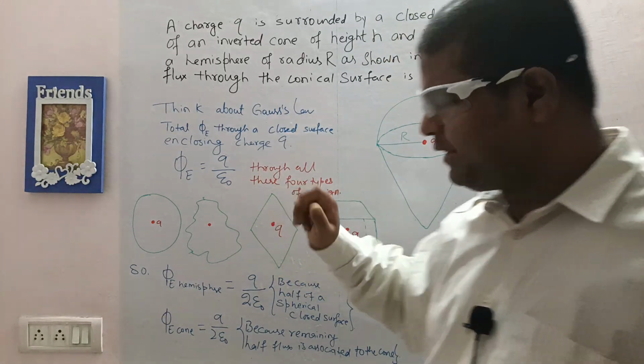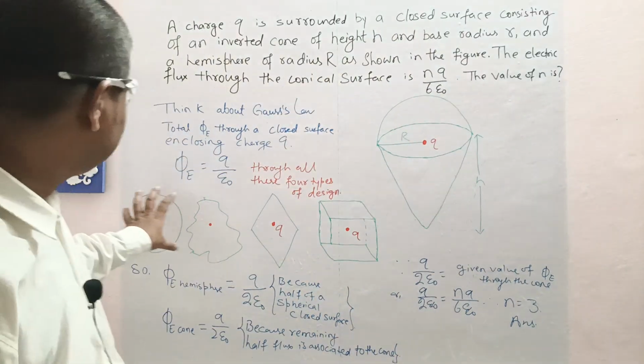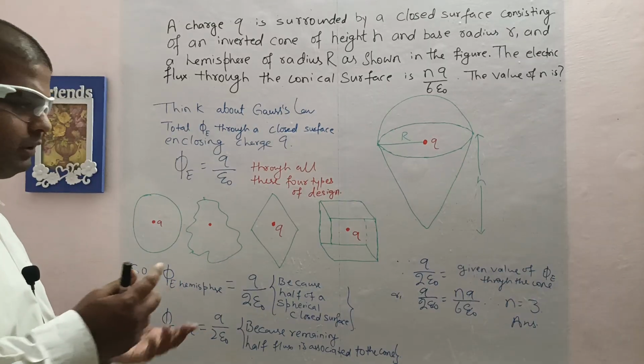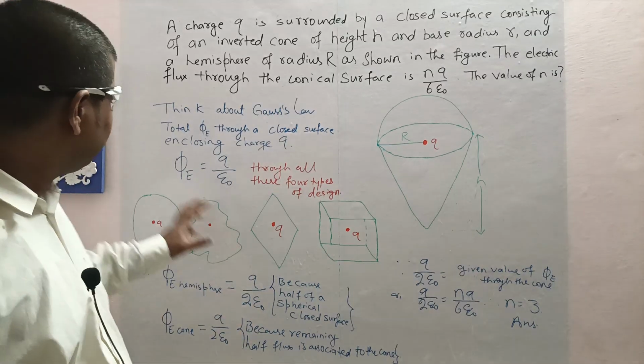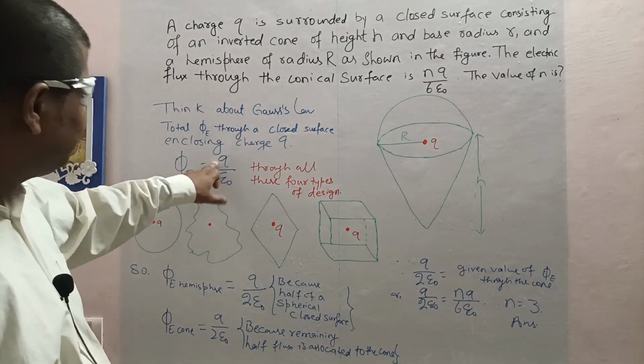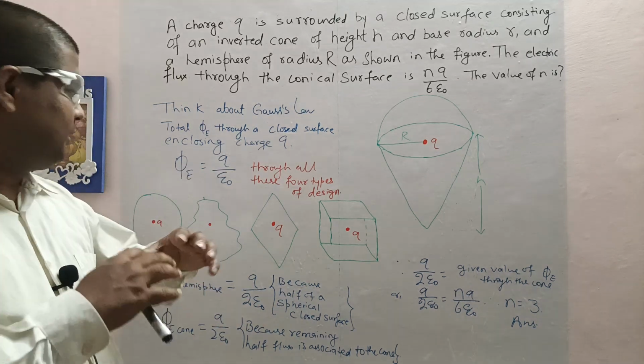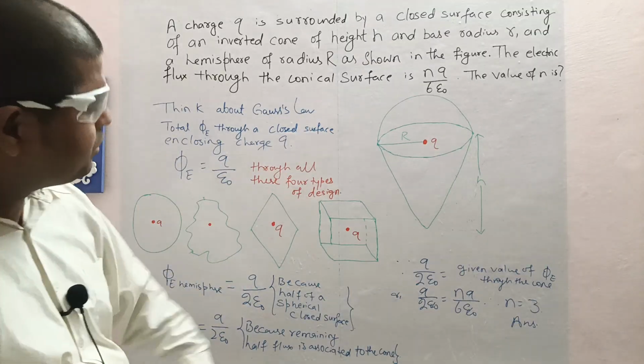I have taken four examples. See, this is one example. Here the same charge is completely enclosed. Electric flux Q by epsilon naught through the closed surface which is enclosing the charge.